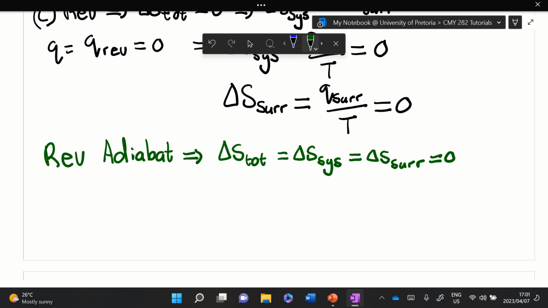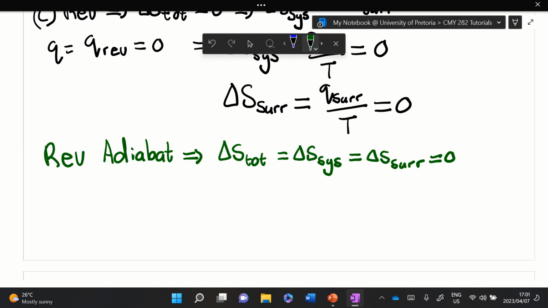Because delta S total depends on the reversibility. So delta S total is 0 because the process is reversible. The system's entropy change is 0 because there is no heat exchanged with anything. The surroundings depends solely on the heat always.